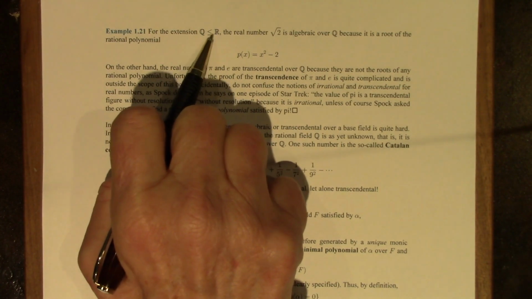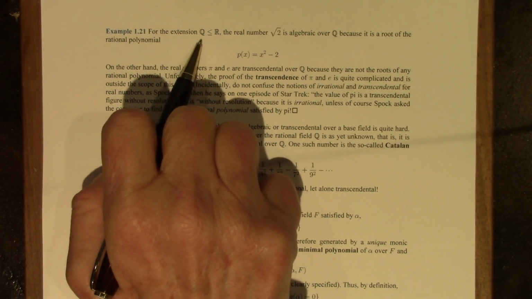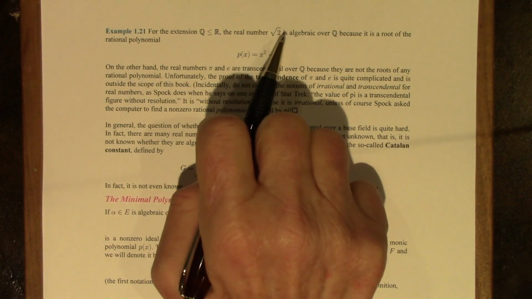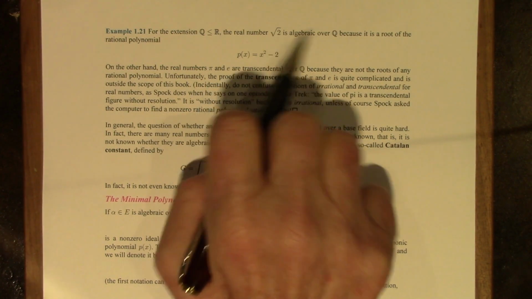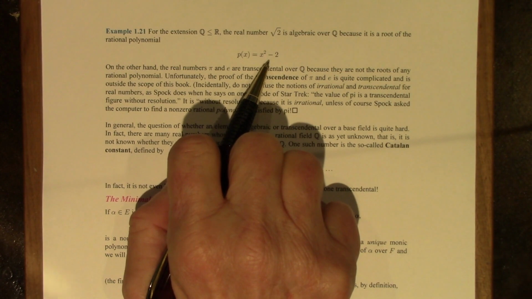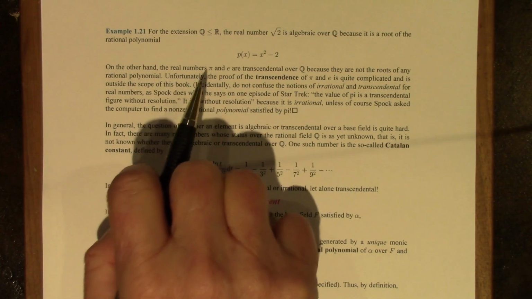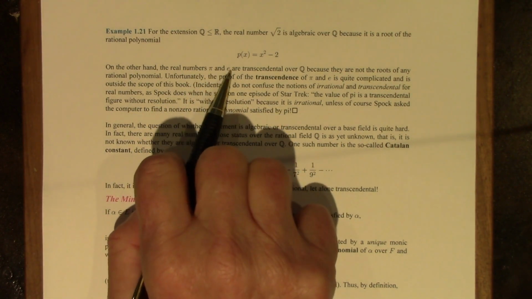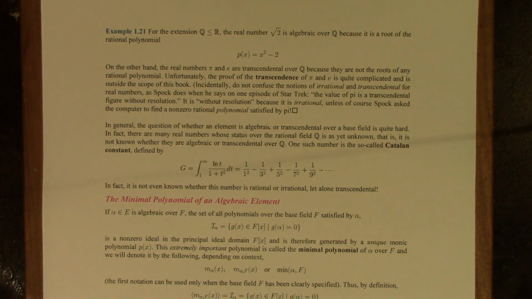Here's an example for this extension, the reals extension of the rationals. Square root of 2 is algebraic over Q because it's the root of a polynomial over Q. On the other hand, the real numbers pi and e are not algebraic over Q. They're transcendental over Q because they are not the roots of any rational polynomial.